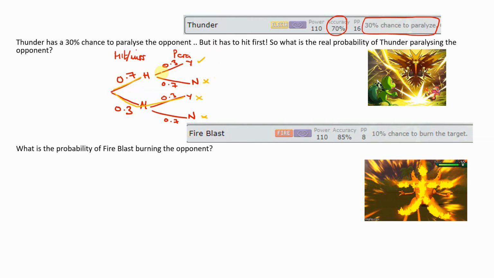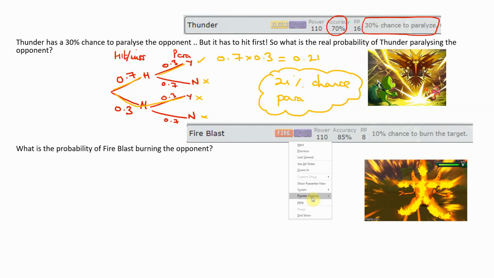So going 0.7 times 0.3 gives 0.21. So a 21% chance to paralyze, which is a considerable difference from 30% when you think about it in the case of if you need it to win.